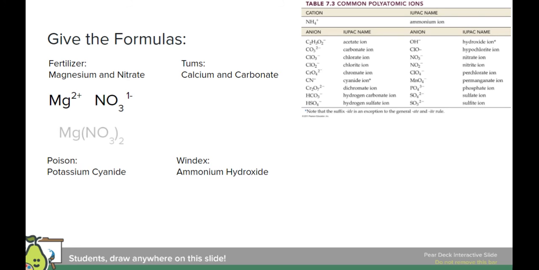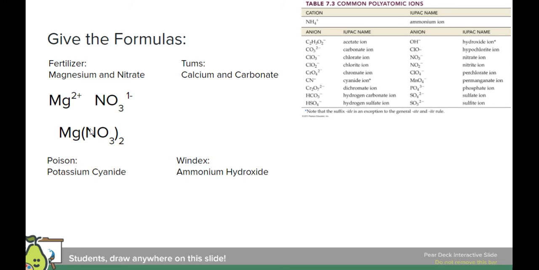So this ends up looking like Mg, parenthesis, NO3, close parenthesis, 2. The 2 is going to come down here, but you need to have a parenthesis between the 3 and the 2, indicating that you have 2 NO3 ions.